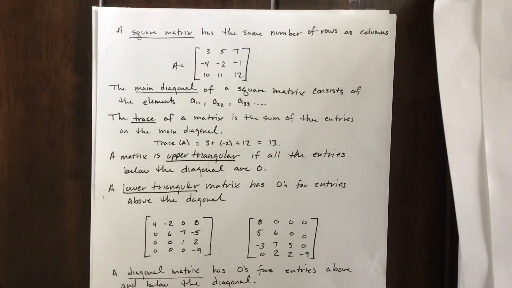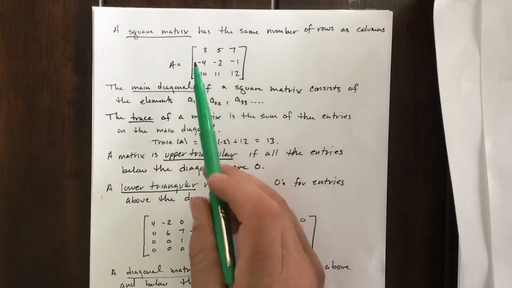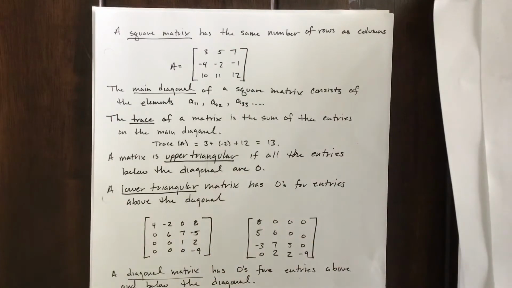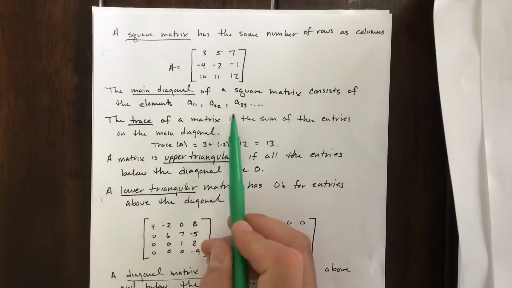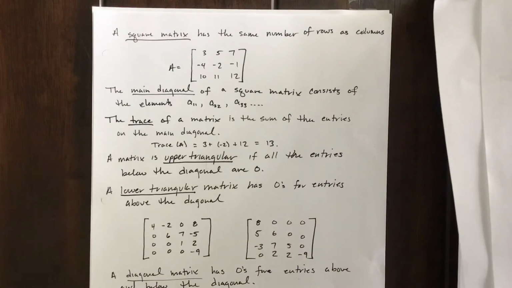A square matrix has the same number of rows as columns. So this is a 3 by 3 matrix, 3 rows, 3 columns. The main diagonal of a square matrix consists of the elements A11, A22, A33. It's the Aij element where i equals j.